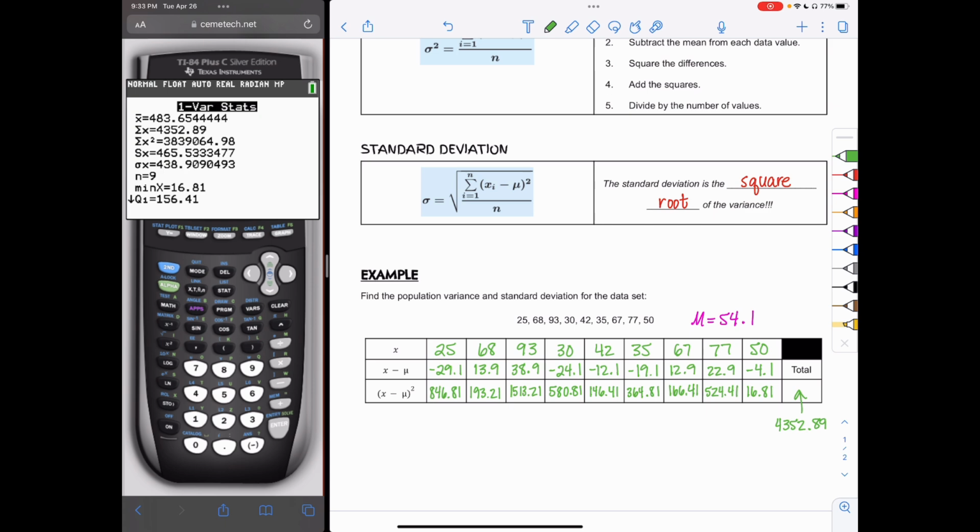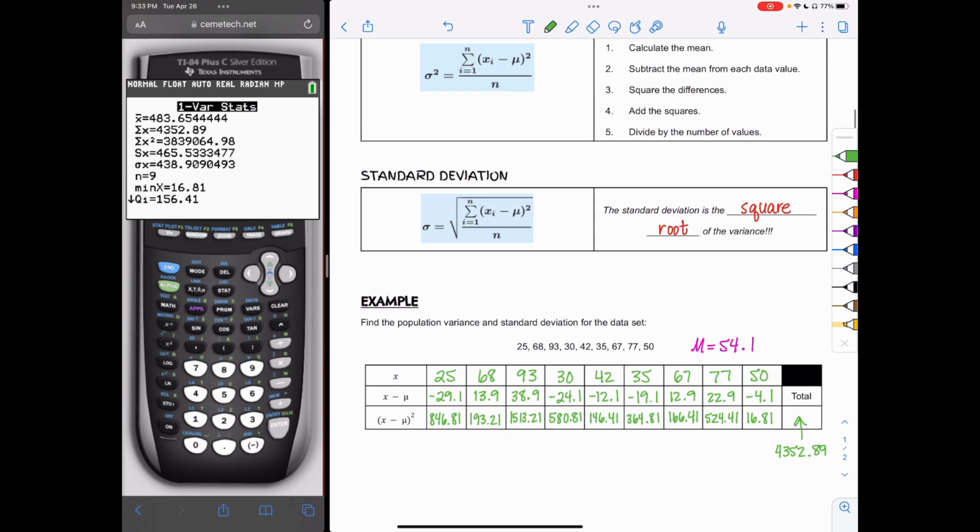So now, based off of the formula for population variance, all I have to do is take that sum and divide it by how many numbers I have. So I would know that my variance here would be equal to 4,352.89 divided by 1, 2, 3, 4, 5, 6, 7, 8, 9 numbers.